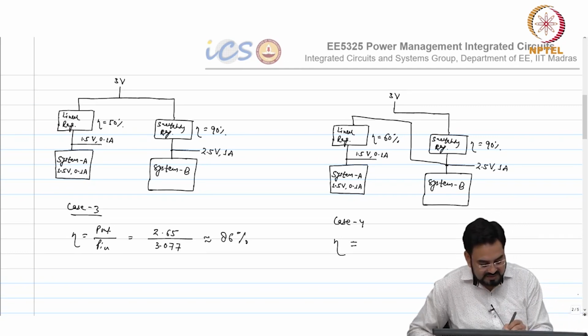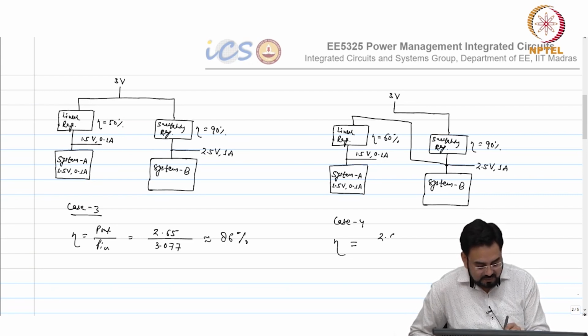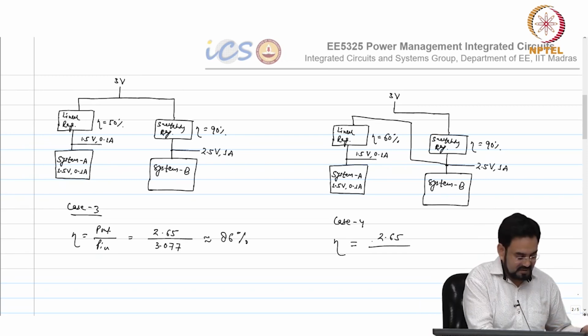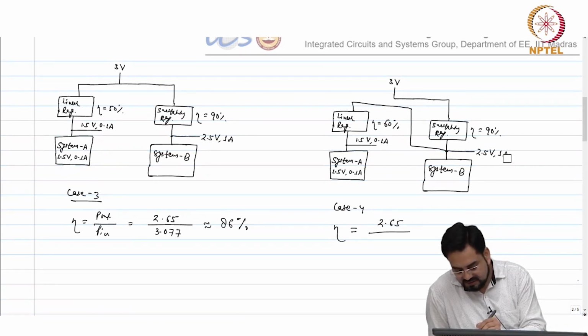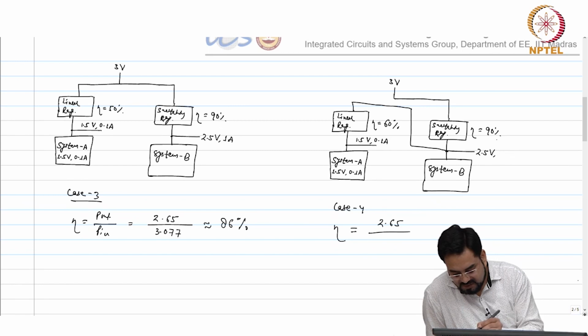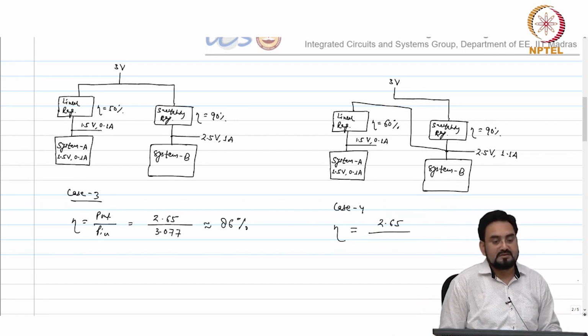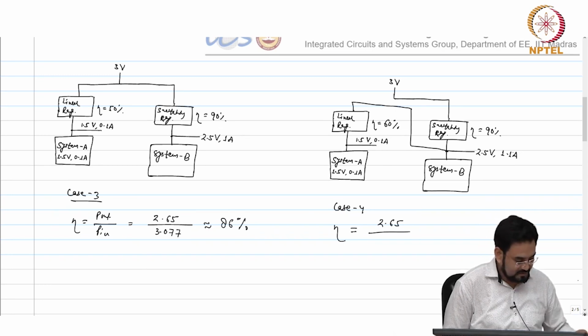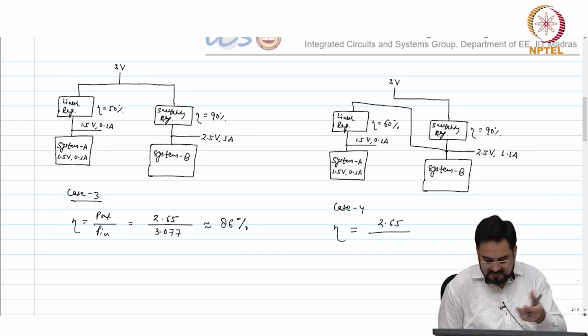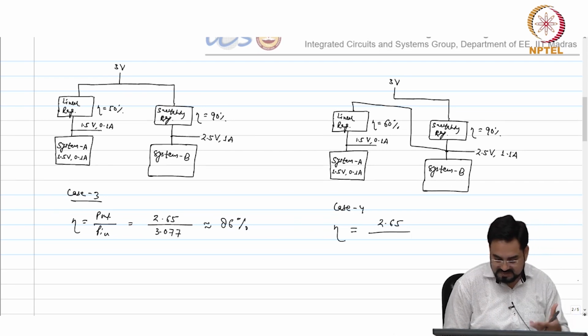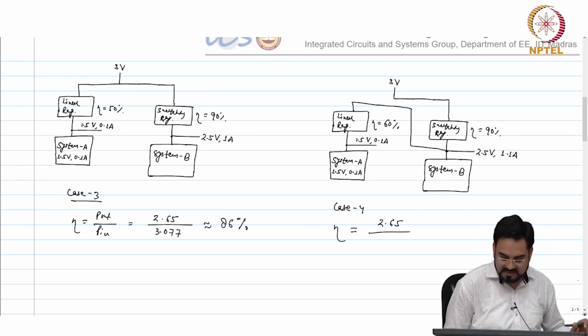This output power remains the same, 2.65, divided by, so this current will change now, which will become 1.1 amp. Okay. So the efficiency will remain the same, let us say we keep the switching efficiency at 90%.